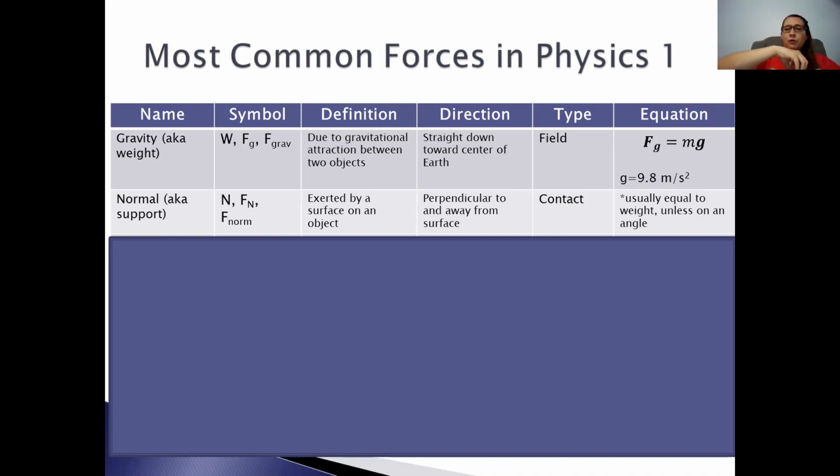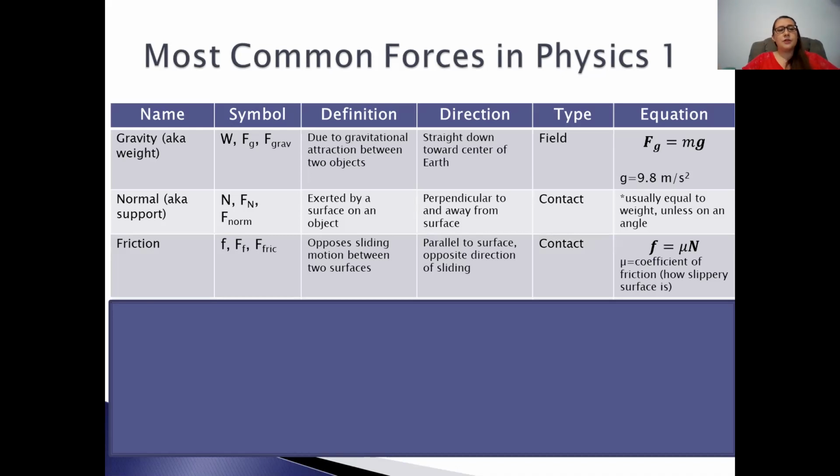And if the weight were more than the normal force, then the ground wouldn't be giving enough force to support the ball, and the ball would fall right through the ground. So usually it's equal to the weight, unless we have a problem where something is on a ramp or some other kind of angle. And then we'll need to calculate it using some trigonometry.